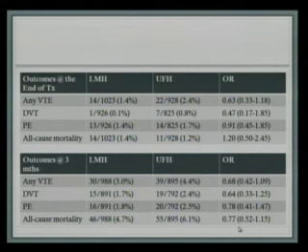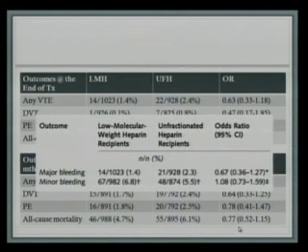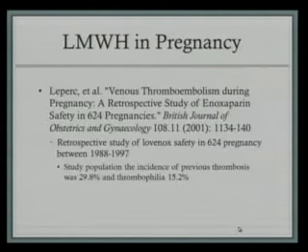And then in terms of recurrent bleeding, there wasn't any statistically significant difference between these major bleeds. So he concluded also that low molecular weight was just as effective and safe.